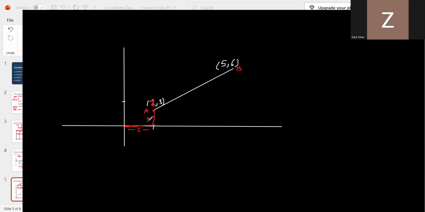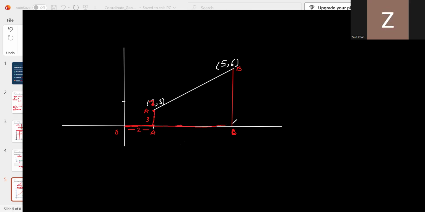And how much is this? It is 3. Likewise, if you observe this, let me give the names. Say this is O, this is A, this is B. B is already taken. Say this is C. So what is the distance OC? Can you guess the distance OC?